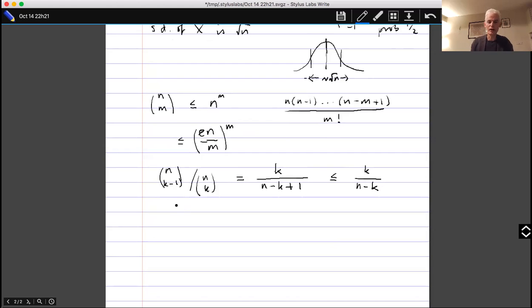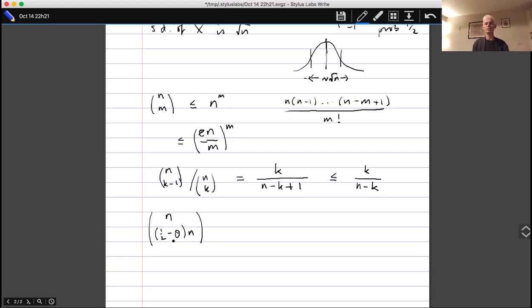And to give an example of how that can be useful, let me just do a rather rough and ready estimate for the binomial coefficient n choose (a half minus theta) times n.